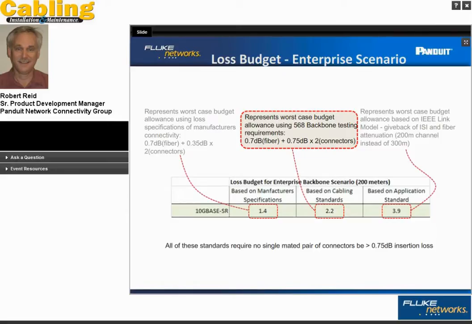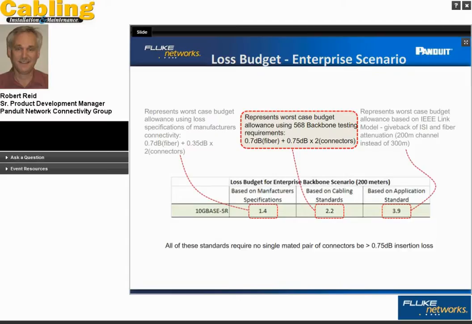So if I did a Tier 1 test of that link, the max that I could accept would be 2.2 dB. To the right and left of that number, I have 1.4 and 3.9. So those two numbers, if I look at those, 1.4 would be based on, let's say, manufacturer's expectations on connectivity.